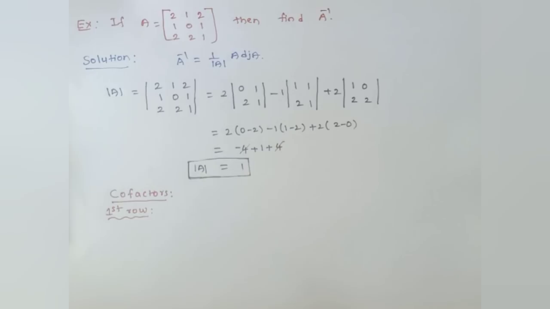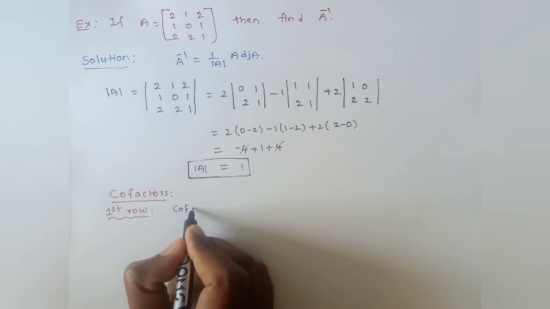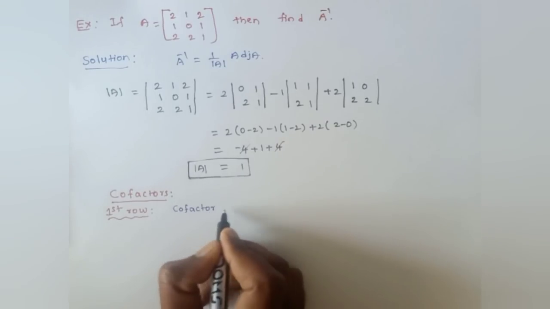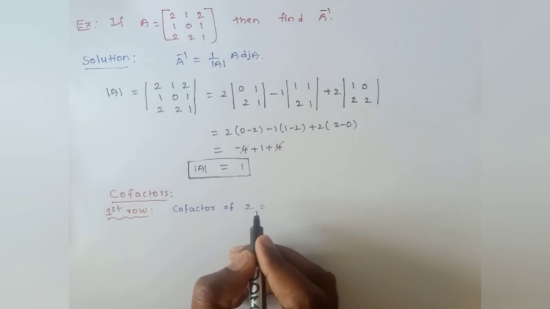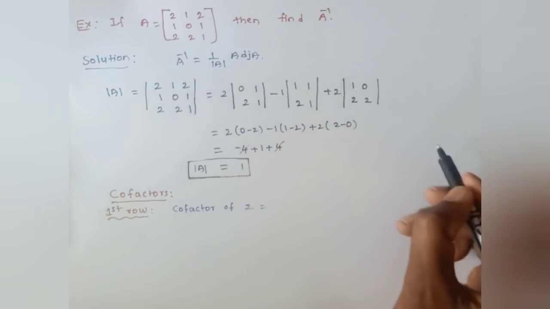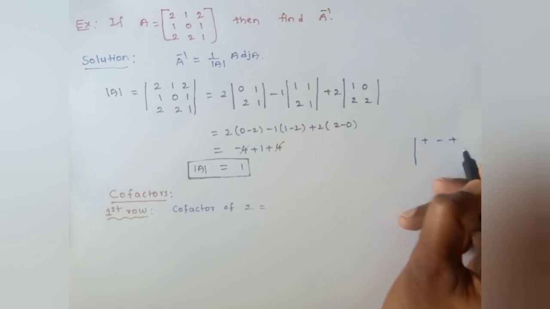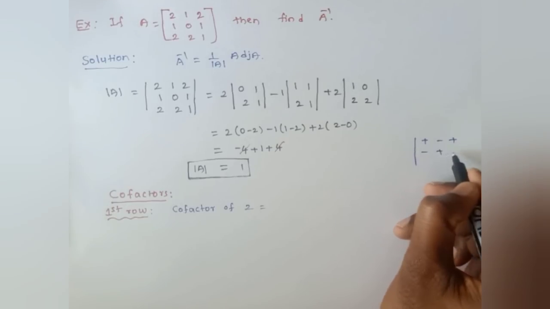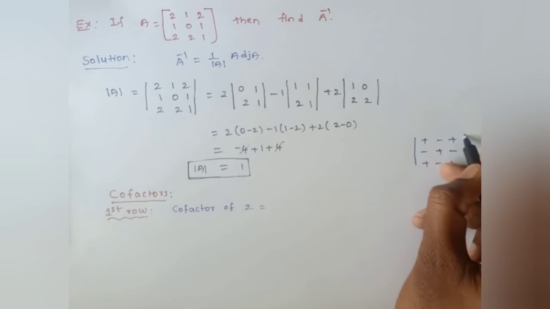Now what is the first element? The first element is 2. So write down the cofactor of 2. You know the signs already: positive, negative, positive, negative, positive, negative, positive, negative and positive.